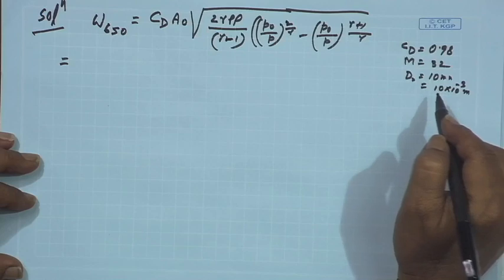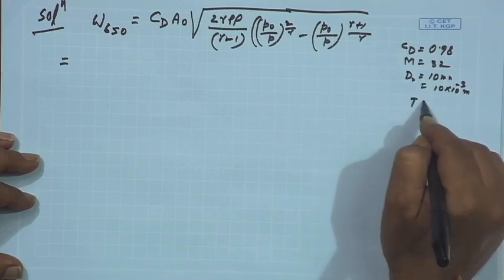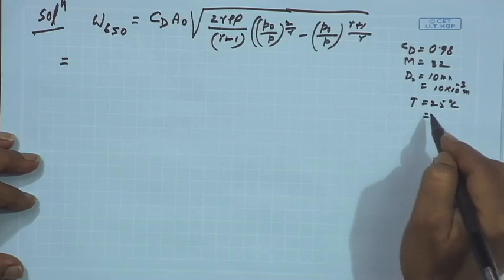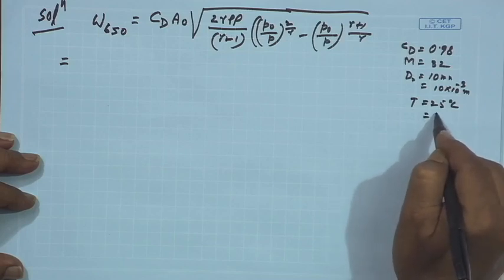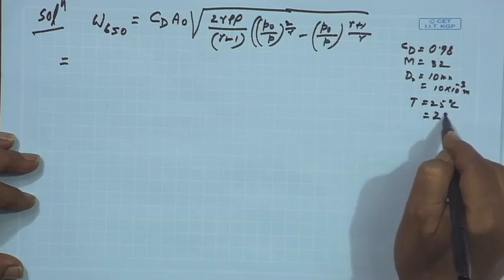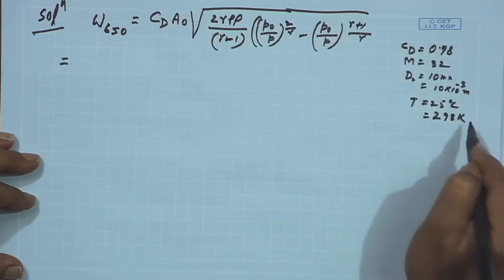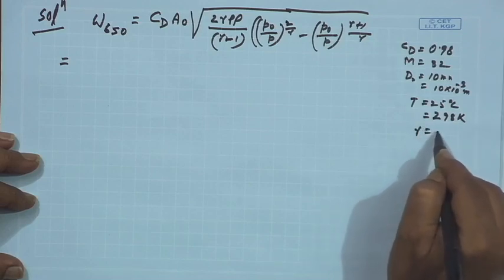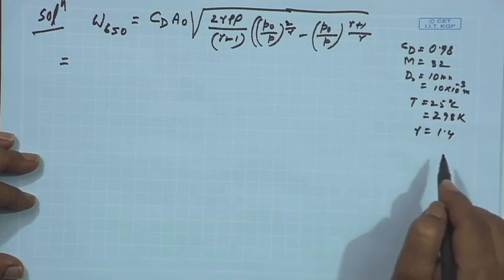Then temperature given 25 degrees centigrade is equal to 273 plus 25, that is 298 Kelvin, and gamma given 1.4.